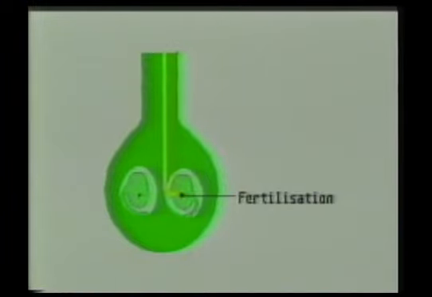Once the two gametes have come together in fertilisation, a new plant at this stage known as a zygote starts to grow. Under the microscope we can see the ovules within the ovary.